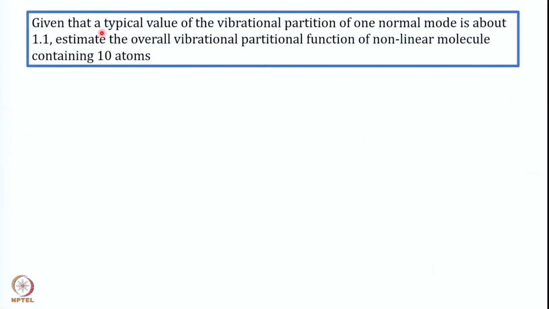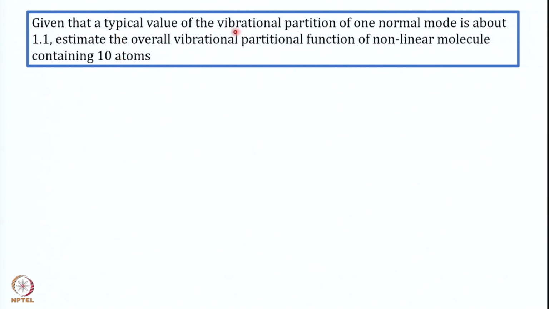let us take a relevant example. Given that a typical value of the vibrational partition function of one normal mode is about 1.1, that is the information given. Estimate the overall vibrational partition function of a non-linear molecule containing 10 atoms. Read the statement carefully. What does the statement say?